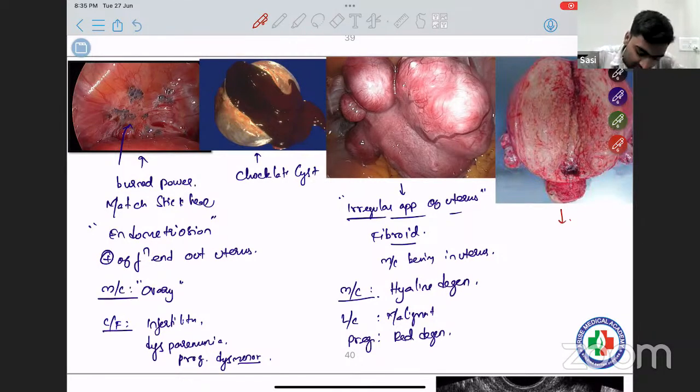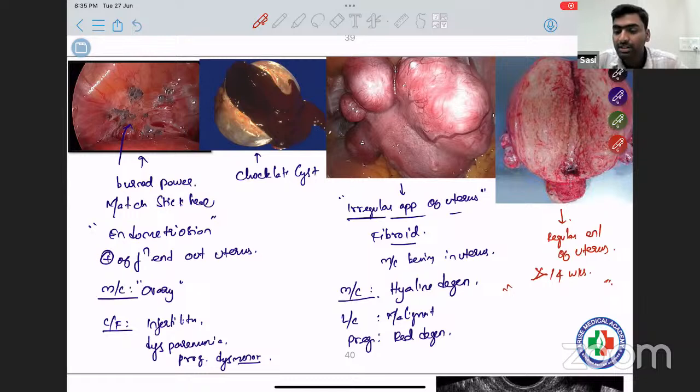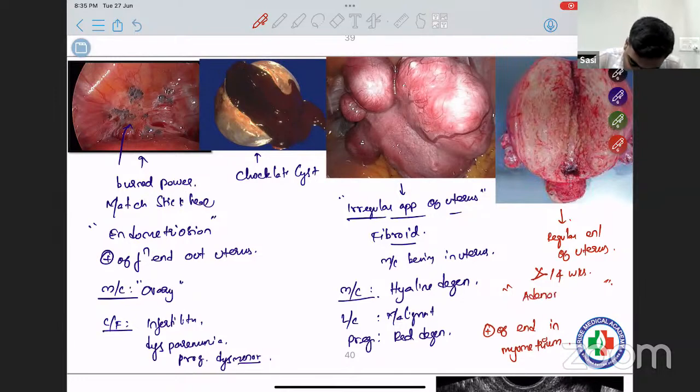If you see, there is a regular enlargement of the uterus, which will be not more than 14 weeks, and this gross appearance will be suggestive of the presence of endometrium in the myometrium of the uterus. What is it known as? Yeah, correct. It is known as adenomyosis. Just remember, it is known as adenomyosis.